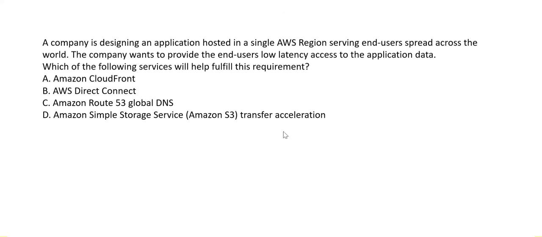But that is using CloudFront. So CloudFront is the answer for this because CloudFront is mainly used to provide low latency. So option D is actually making use of CloudFront. But for this question, the answer is CloudFront.